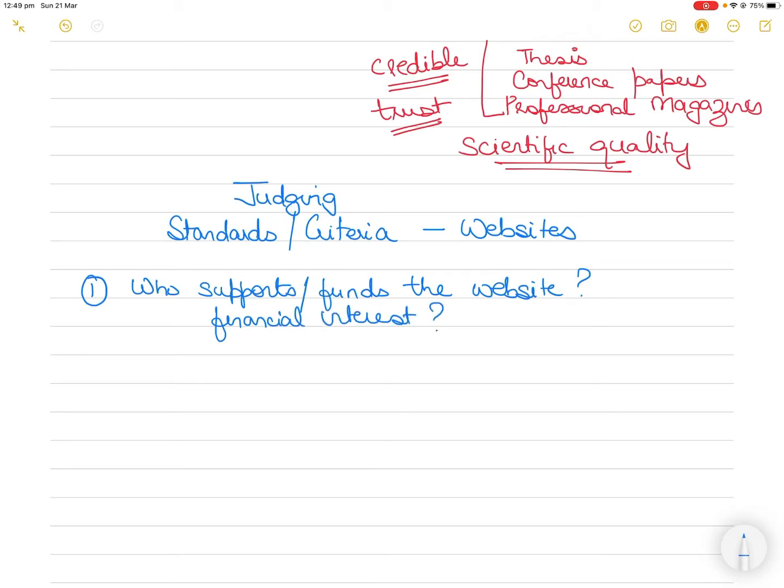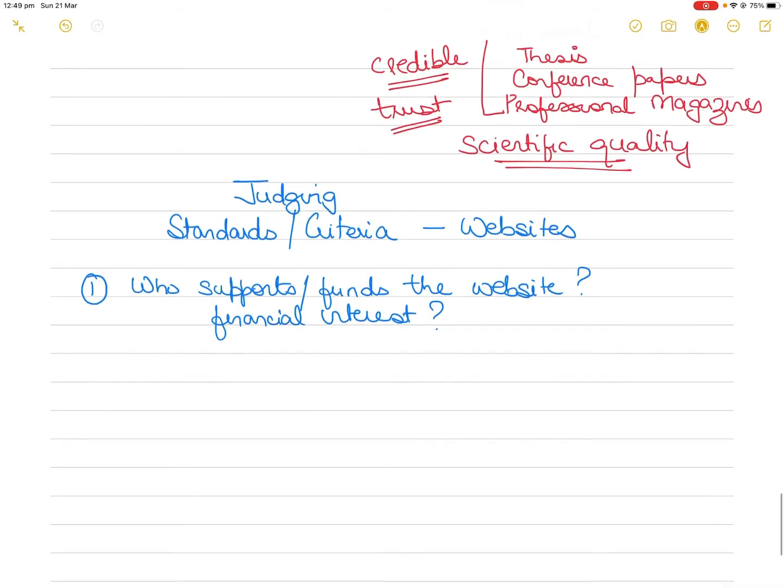So if you are researching how meat consumption affects human health, the meat producers will never promote research that shows that meat does affect human health, right?